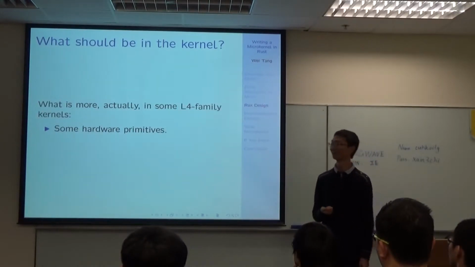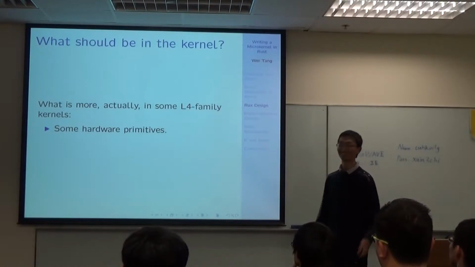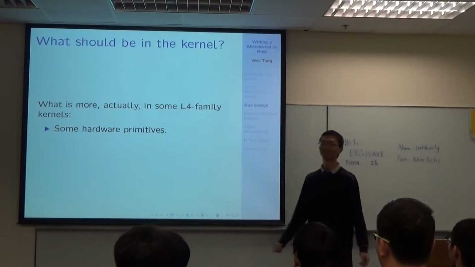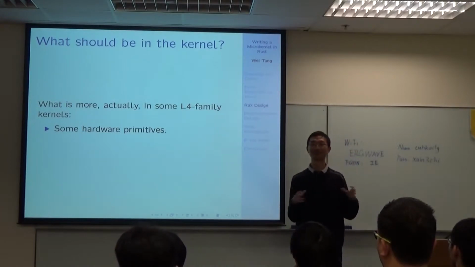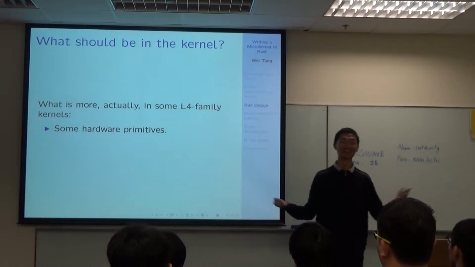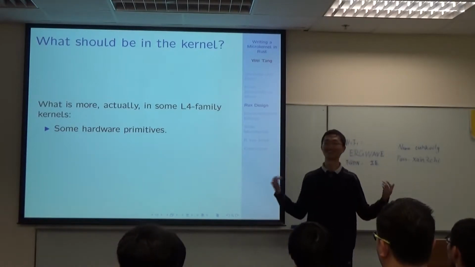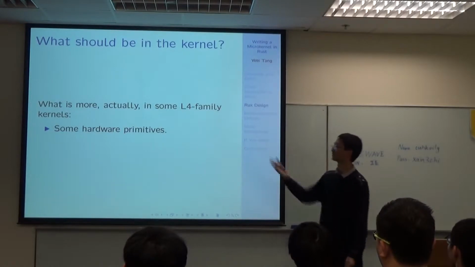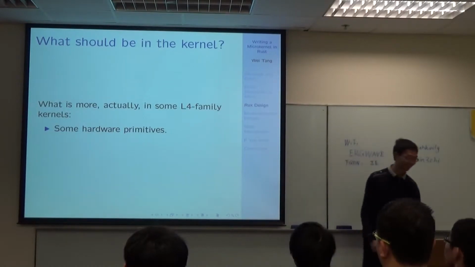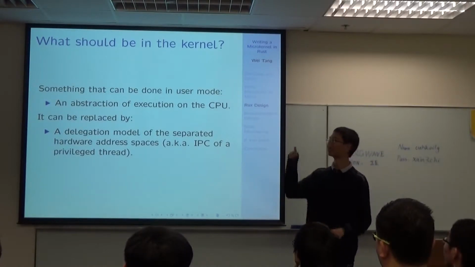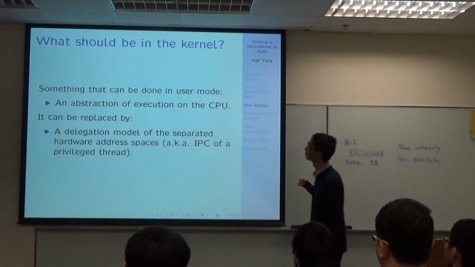And because you need to talk with the outside world, you need some hardware primitives. Like you need to be able to talk with the I/O port or other crazy stuff. In x86, there is a lot of this crazy stuff, so you need those things. And there is something that can be done in user mode.